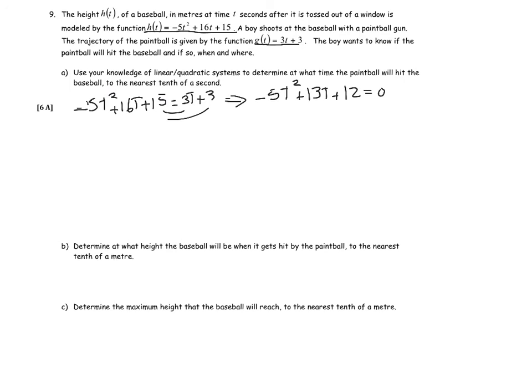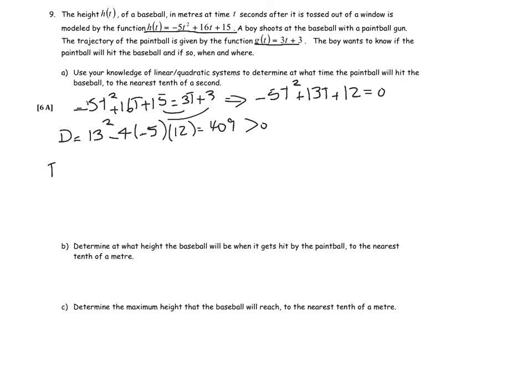This is a quadratic equation. To solve, we use the quadratic formula. Our discriminant, d, is b squared, 13 squared, minus 4ac, which is going to give us 409, which is greater than 0, so we have 2 zeros here.